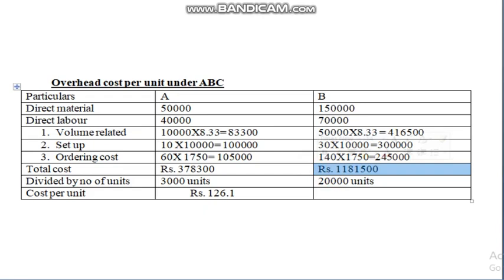Then how much cost is incurred to produce 1 unit? That is 11,81,500 divided by 20,000 units. You will get 59 rupees per unit. So 59 rupees per unit for product B, and 126.1 rupees per unit for product A. So this is the solution for problem number 4.